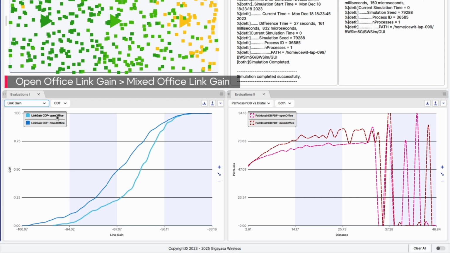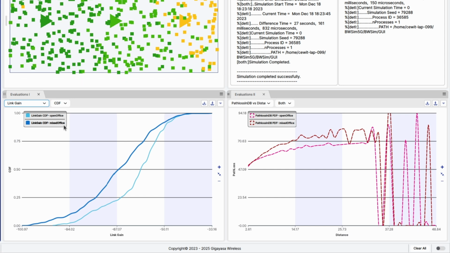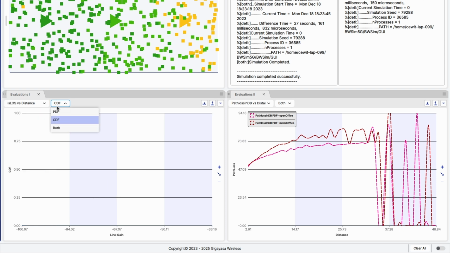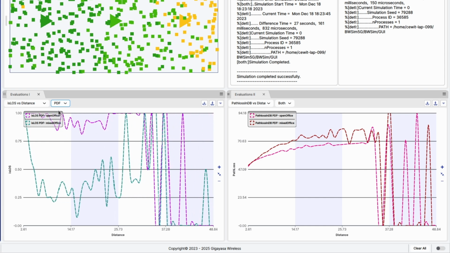You can see over here the open office has a higher link gain than the mixed office. Again, from this we can assume that there's a more favorable channel condition or propagation in the open office than in the mixed office. Finally, we will take a look into the probability of line of sight existence.